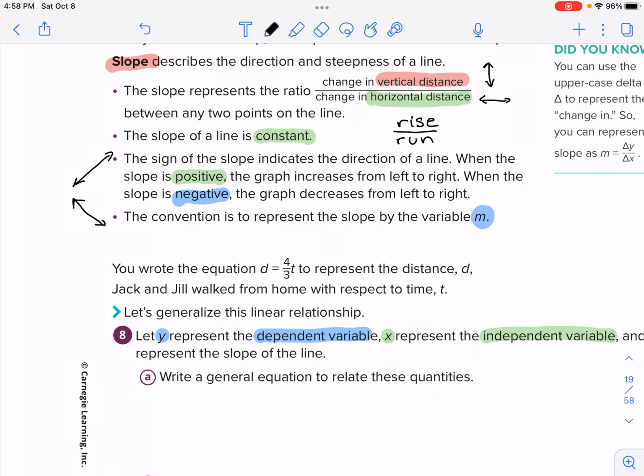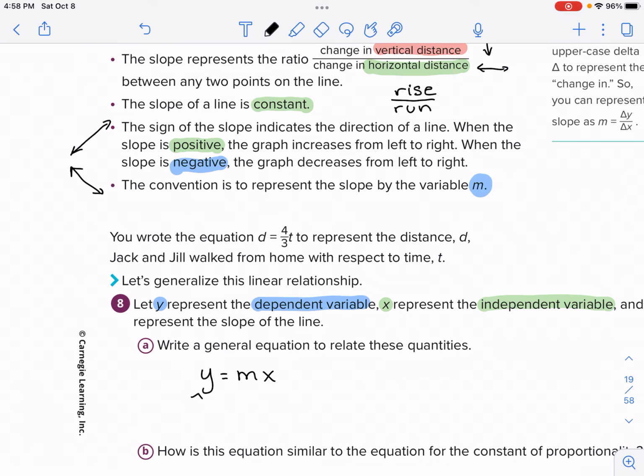The equation using y and x is y equal to mx. So our dependent variable is equal to our slope times our independent variable.